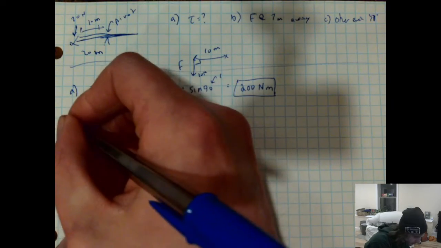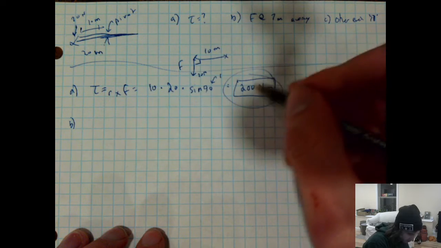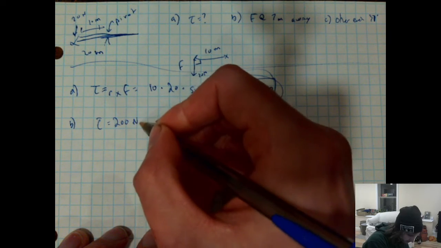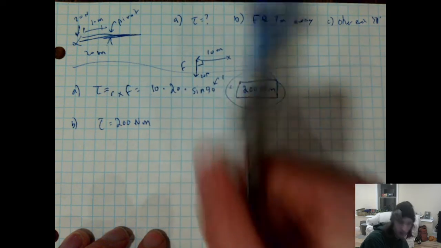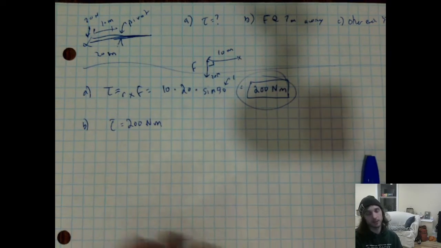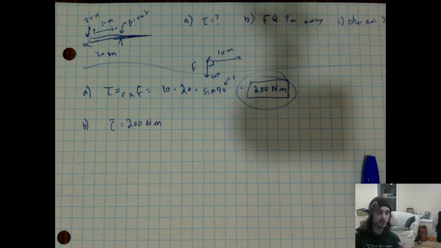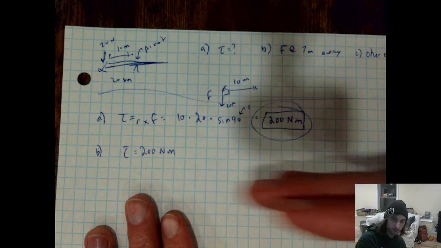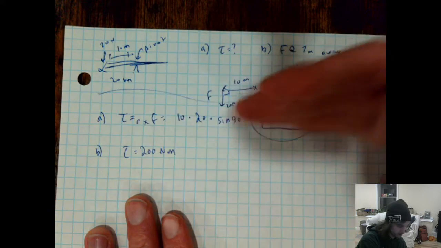For B, now what we've got is a similar situation, but we're trying to get a torque of 200 Newton meters, but negative. And I should be careful about this. If they're pushing the left end of the seesaw, using the right hand rule, the torque is going to the left.